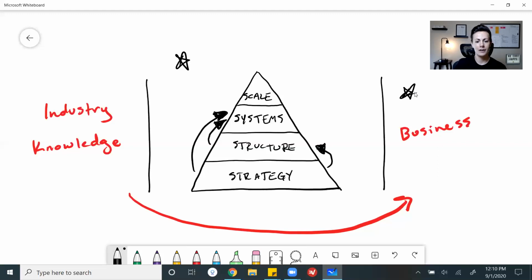All right. So again, what we're doing is we're taking your industry knowledge and we're really funneling it right down here at this starting point into this initial strategy that we're starting out with. And by following this process, once we get to the top at this scale section here, we're able to funnel that into a business.